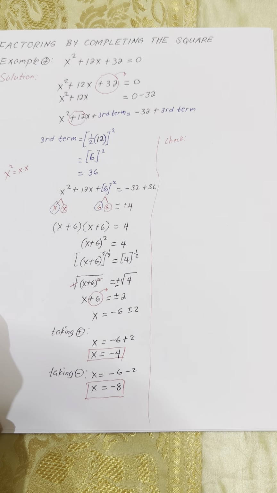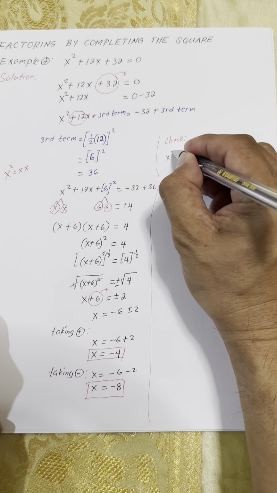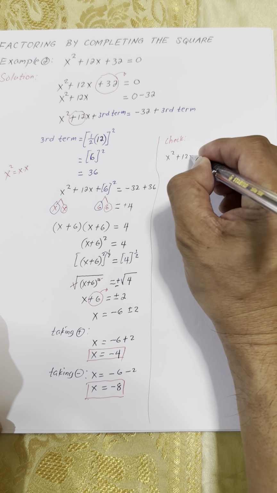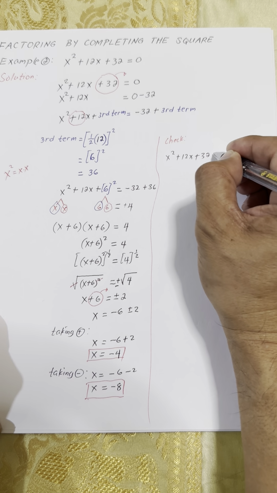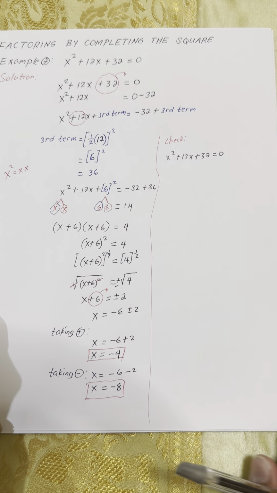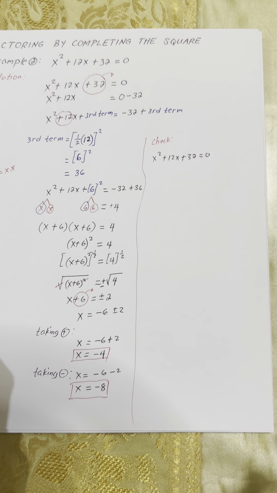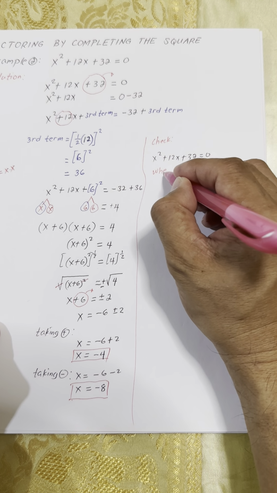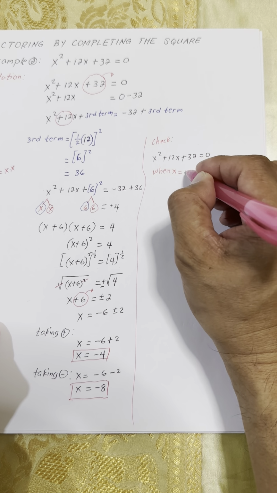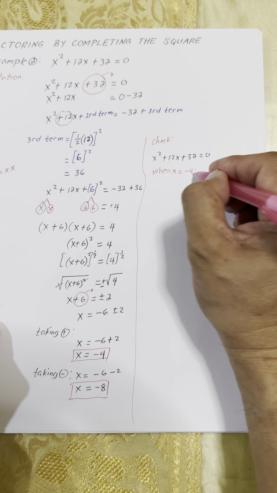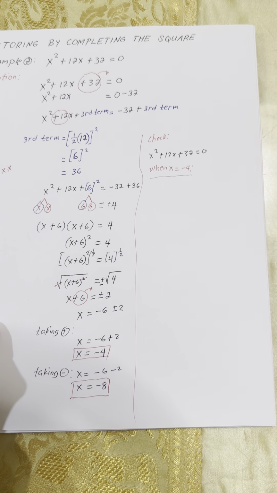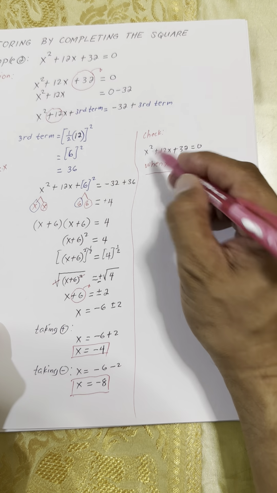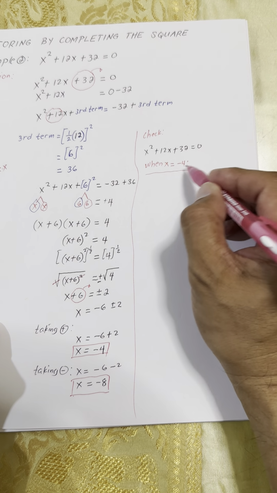Write the given equation: x squared plus 12x plus 32 equals 0. Substituting the values, we have two values for x. When x is equal to minus 4, substitute this value into the equation. So instead of x, write minus 4.